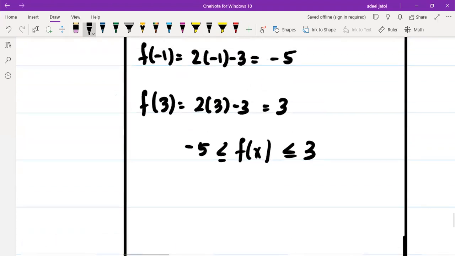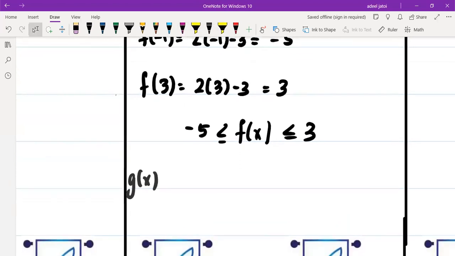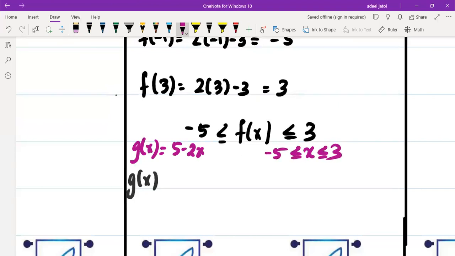So this range becomes the new domain of g(x). So g(x) is 5 minus 2x, and the domain of g(x) will be minus 5 less than or equal to x less than or equal to 3.